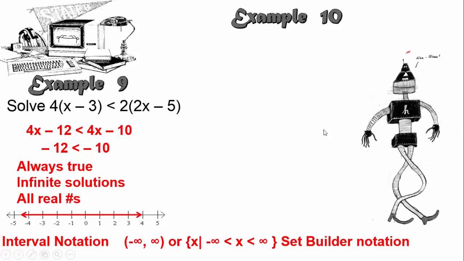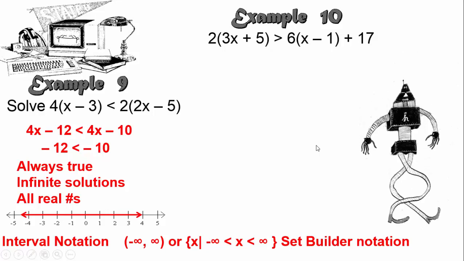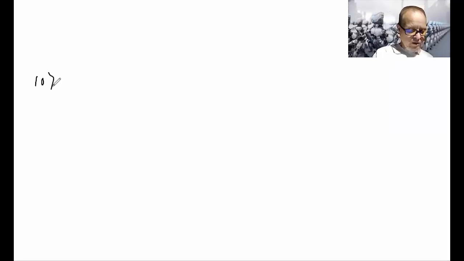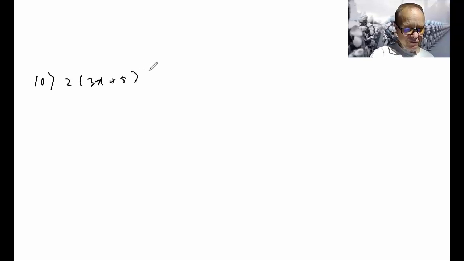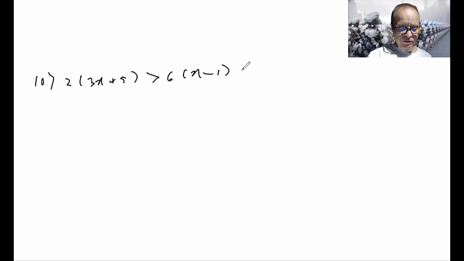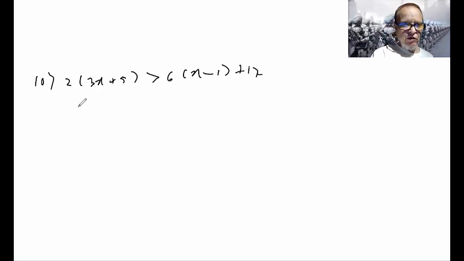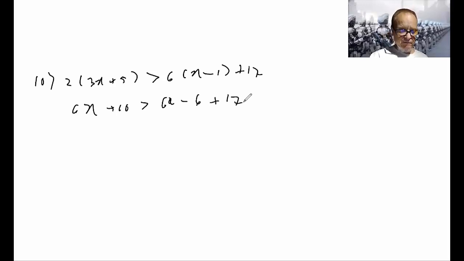In example number 10, we're asked to solve this inequality. So let us go over to the whiteboard and see what happens here. In example number 10, we have 2 times 3x plus 5 is greater than 6 times x minus 1 plus 17. So again, we'll use the distributive law, 6x plus 10, because we're just distributing that there. 6x minus 6 plus 17.